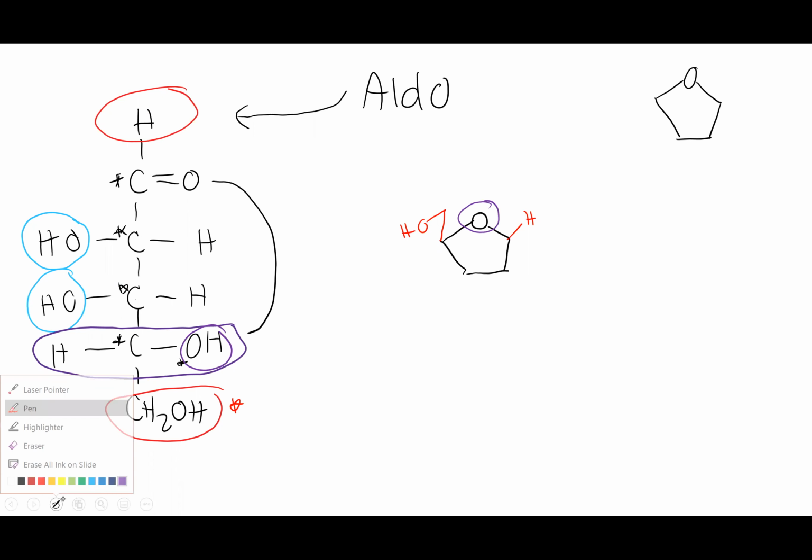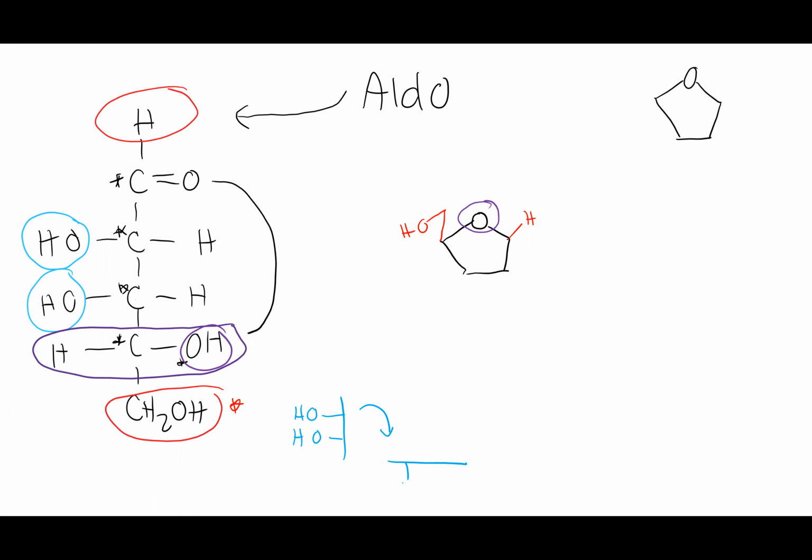And now let's deal with any other OH groups. So here we have an OH group 2 on the left-hand side. And when we put that down, these become both facing downward.